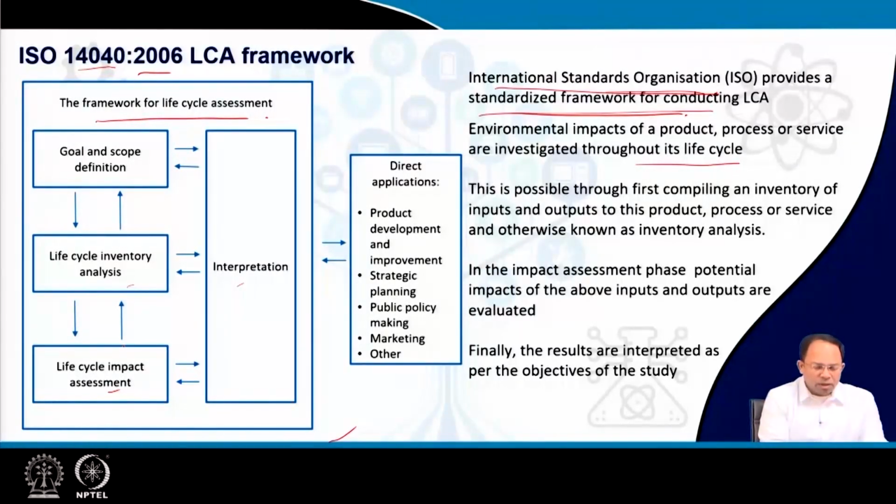Now, impacts also may help, because when we compare across different products, some impacts are the same, right? Exactly the same impact is happening for both products. In that case, I may say that, okay, these are the components which are the same between the two products, so I can ignore those parts, right? So accordingly, I have to modify the inventory as well. So all these things mean that this is not a fixed procedure, step by step in sequence.